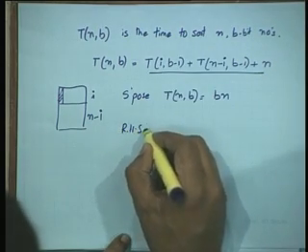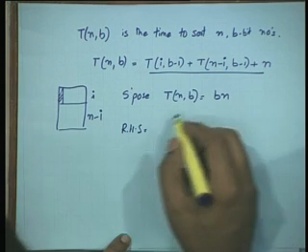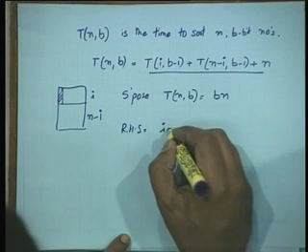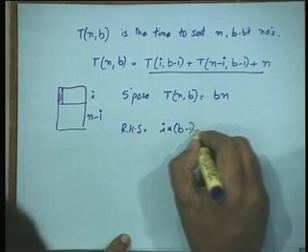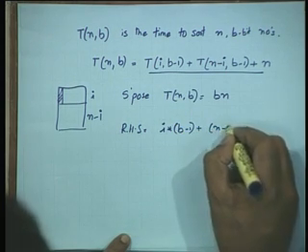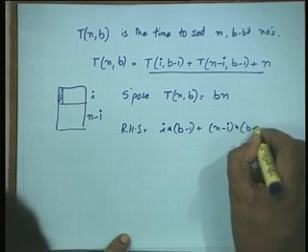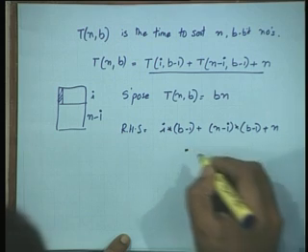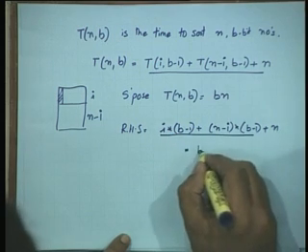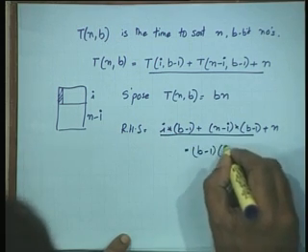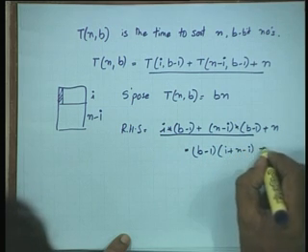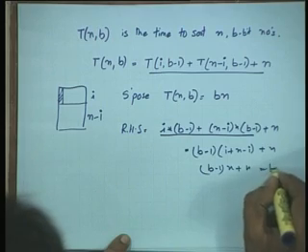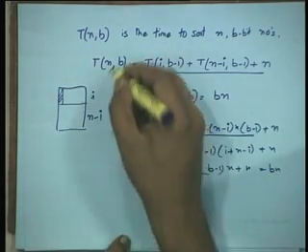The right hand side equals I times b minus 1, plus n minus I times b minus 1, plus n, which is b minus 1 times I plus n minus I, plus n, which is b minus 1 times n plus n, which is Bn, which is also our left hand side.